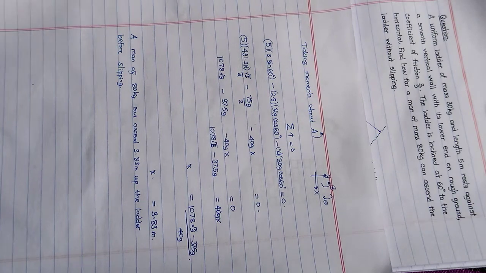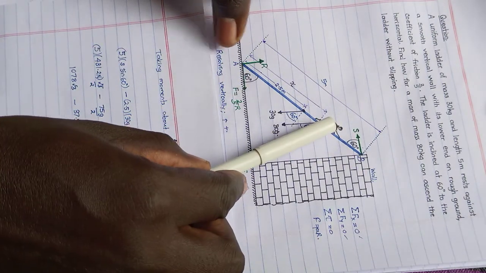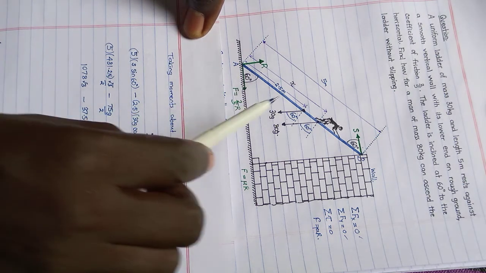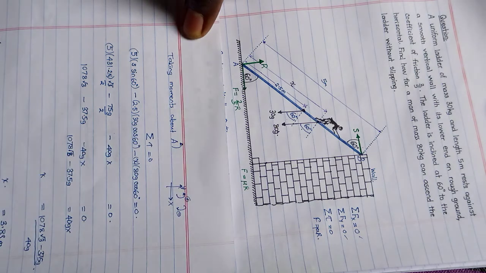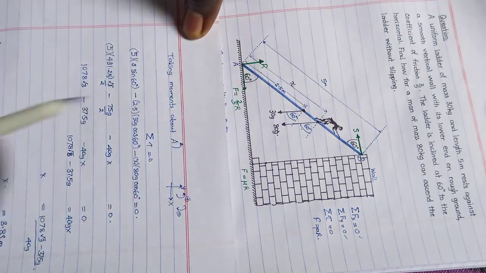Now when you look at this problem, we've just got our distance x, where this man will reach until this ladder will start sliding down, meaning after moving this distance x, which we have just got to be 3.83 meters, any step further taken, this ladder will just collapse and fall down.